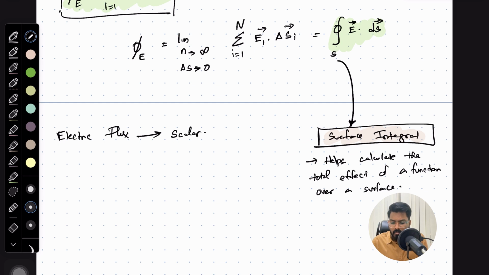Now let's speak about the unit of electric flux. Electric flux I wrote as E dot dS. E is Newton per Coulomb and dS is meter square. So the unit for electric flux is Newton meter square per Coulomb.